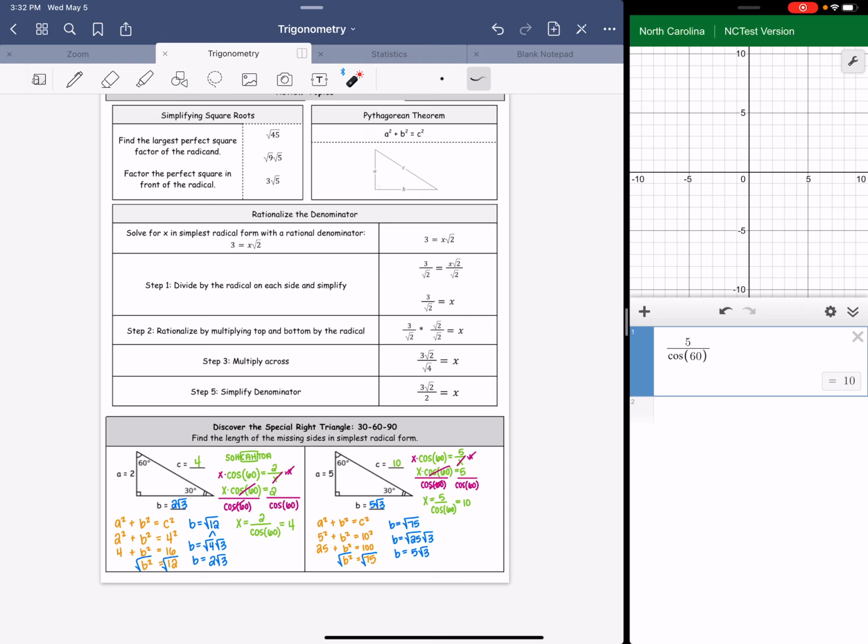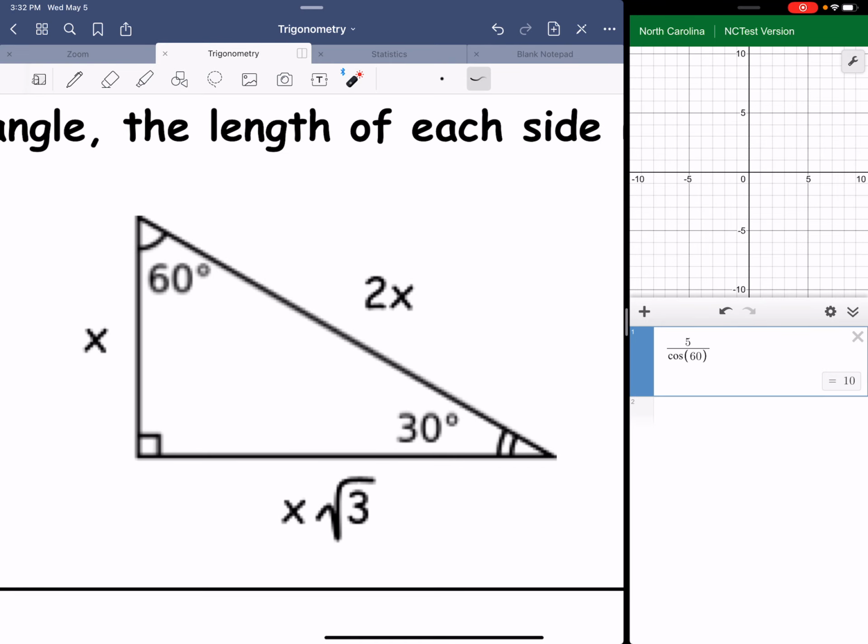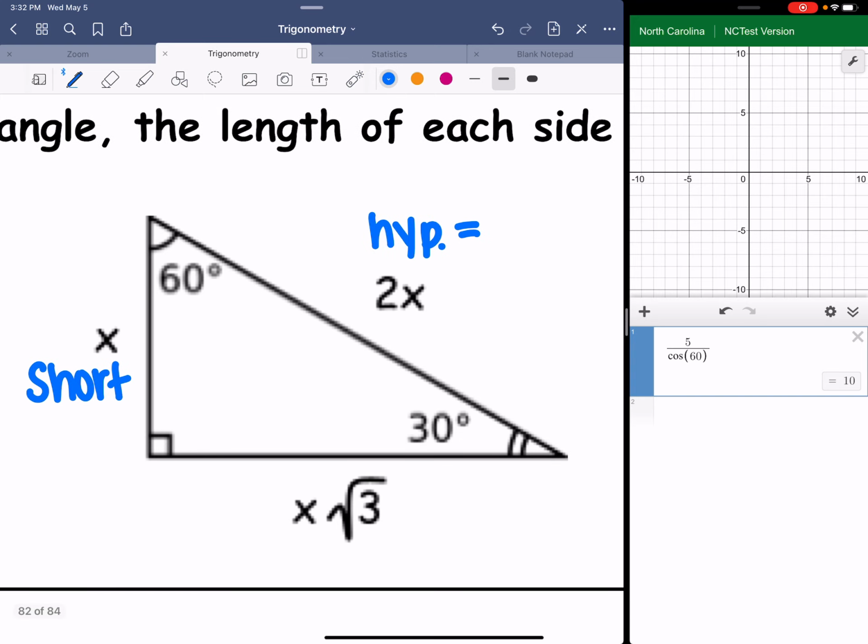So you're going to see that for any 30, 60, 90 triangle, the short leg is kind of like your base number that you need to know. The hypotenuse is always 2 times the short leg. Let me move this over a little. Hypotenuse equals 2 times the short leg.